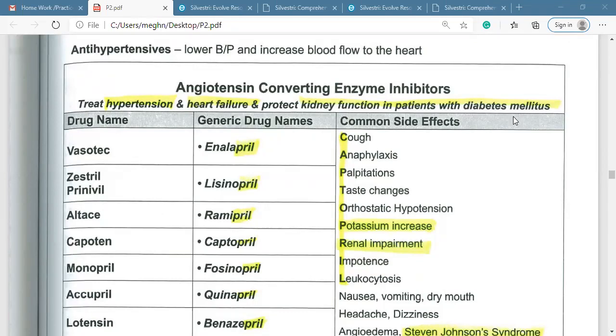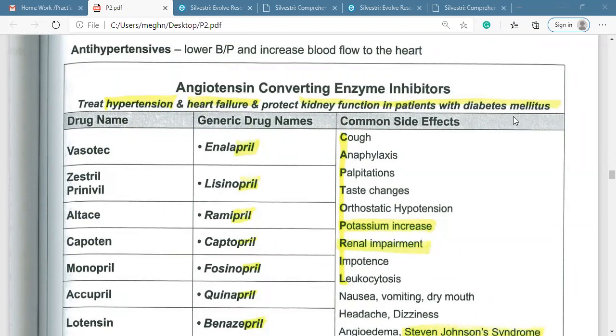So hypertension means when blood pressure increases more than normal, right? Antihypertensives we use for that case. Antihypertensives lower blood pressure and also increase the blood flow to the heart, right?